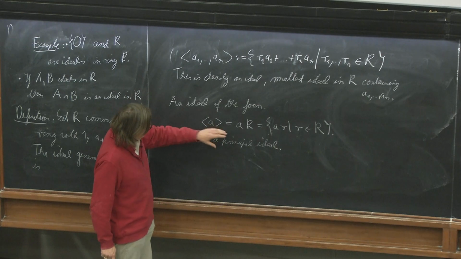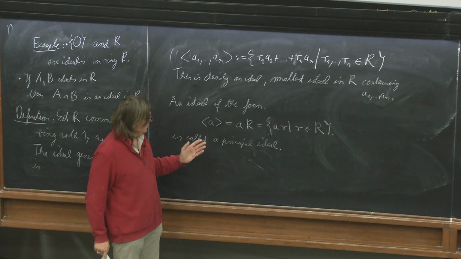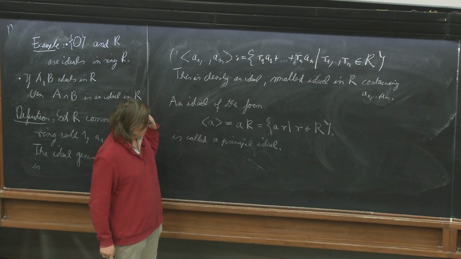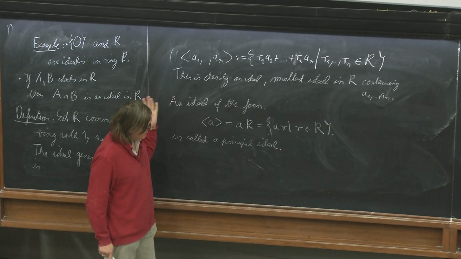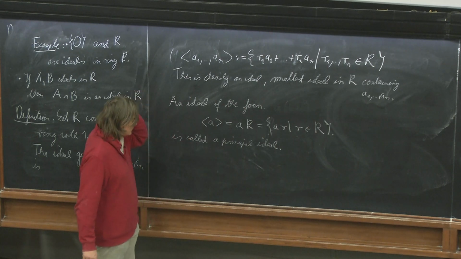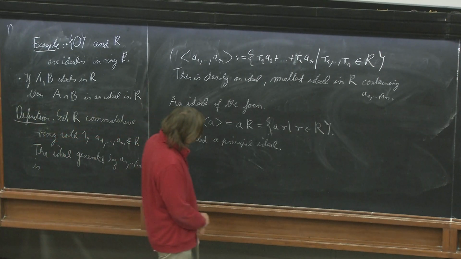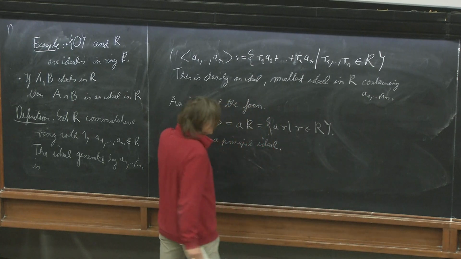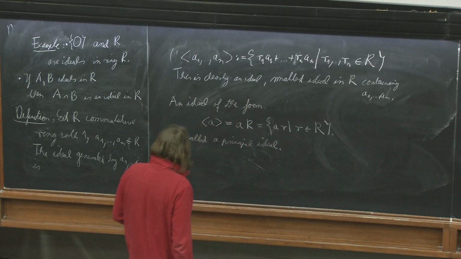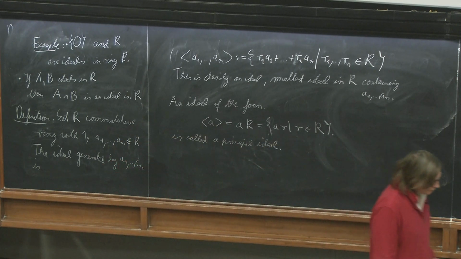In some sense, it's another manifestation of this element A. So an element A gives us a principal ideal, but there are more ideals which I could view as somehow related to some ideal elements of R. That's how it was classically viewed. But for us, this is just a definition. I should say that the ideals are very important for us, much more important than the subrings. These are the things which one actually wants to work with.